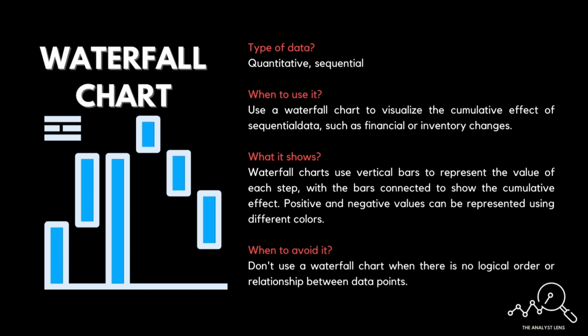Positive and negative values can be represented using different colors. Don't use a waterfall chart when there is no logical order or relationship between data points. Waterfall charts can be used for visualizing profit breakdown with income, expenses, and net profit.